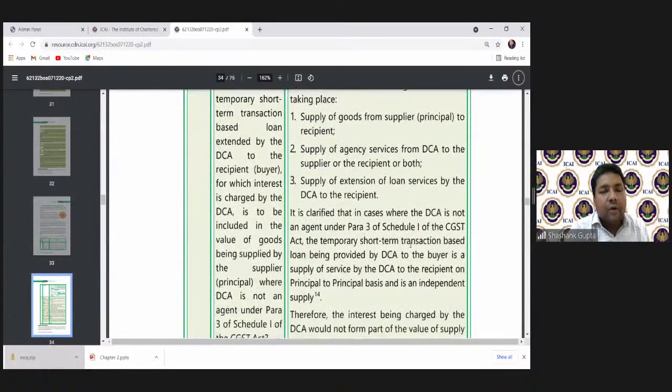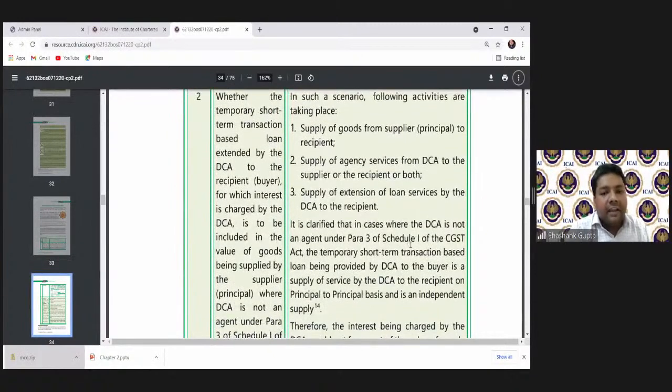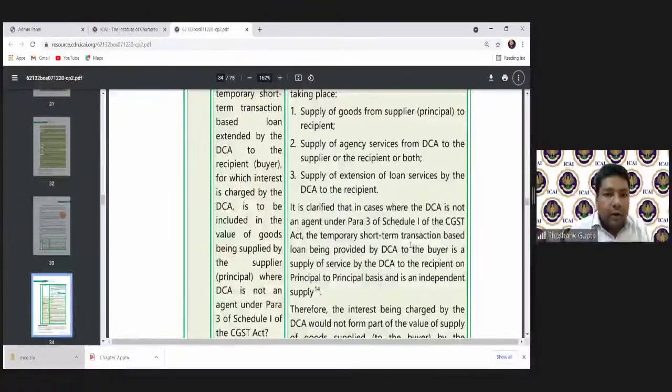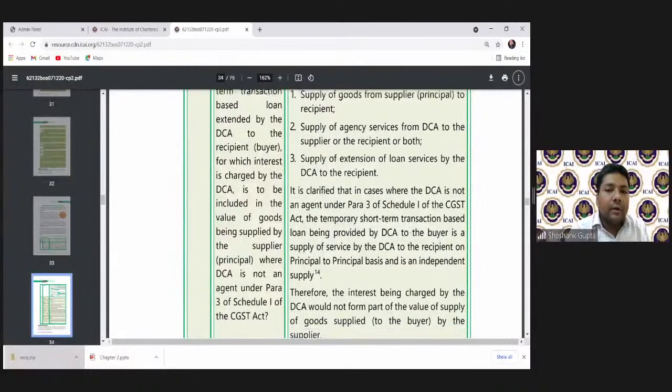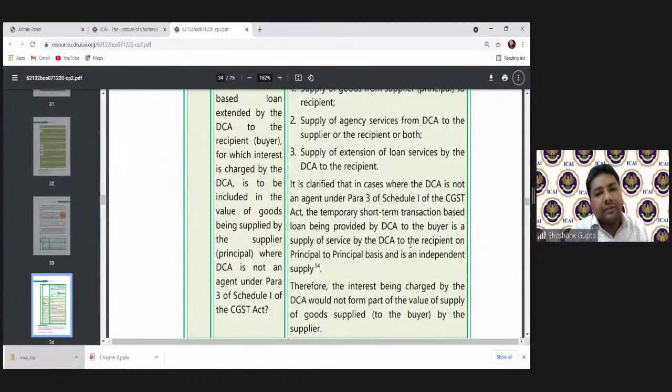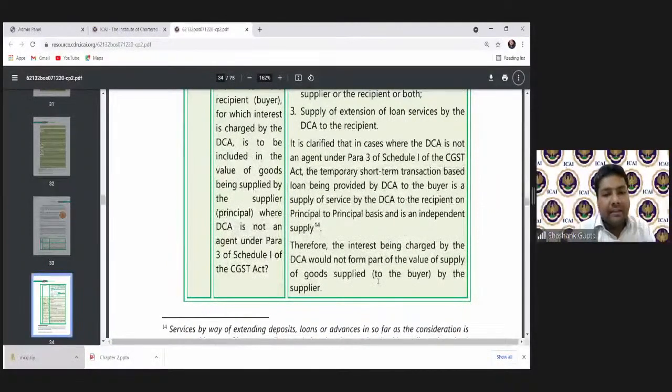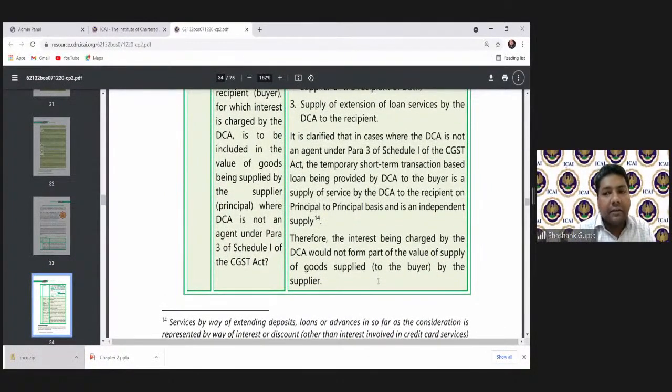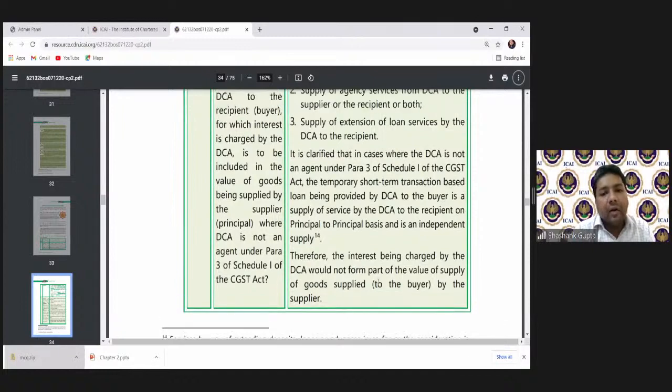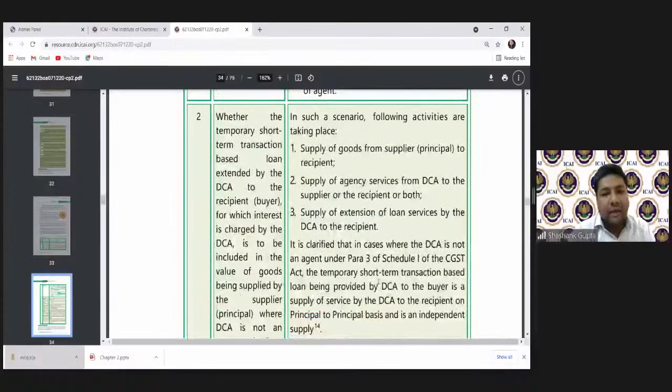Now, the next question was whether the temporary short-term transaction-based loan extended by the del credere agent to the recipient, for which interest is charged by the del credere agent, is to be included in the value of goods being supplied by the supplier, where the del credere agent is not an agent under para 3 of Schedule 1 of the CGST Act.